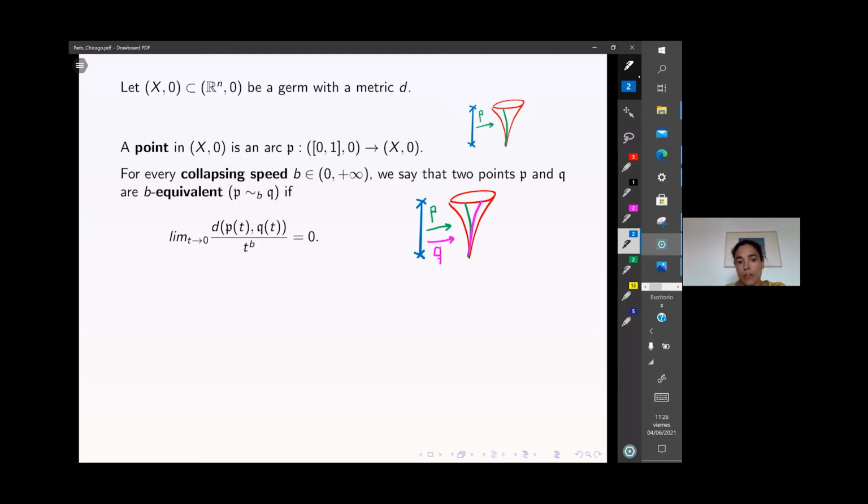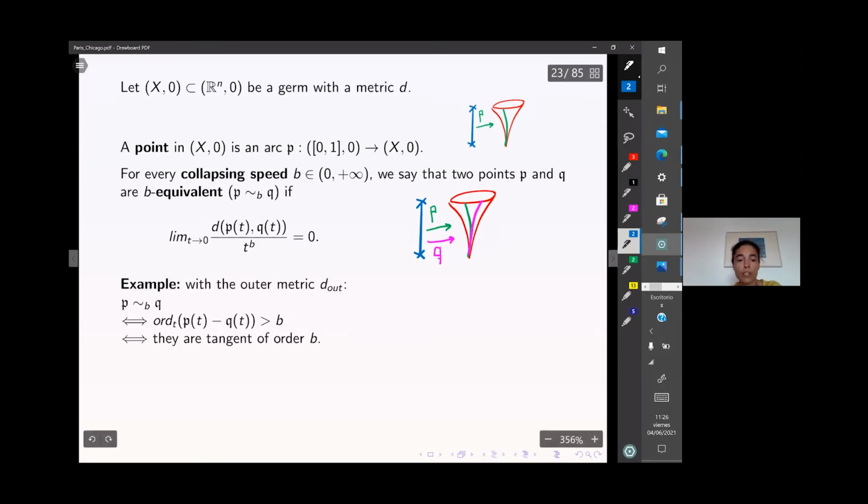This depends on the metric, but with the outer metric, which is maybe the easiest one, since the points are given by a development of power series with rational coefficients, because they are subanalytic, then they are b-equivalent if and only if they coincide up to order b, that is, the order in t of the difference is greater than b, that is, they are tangent of order b.